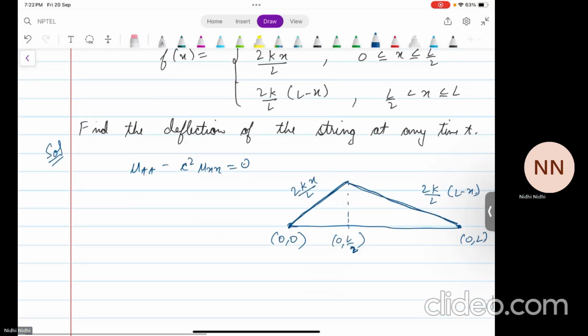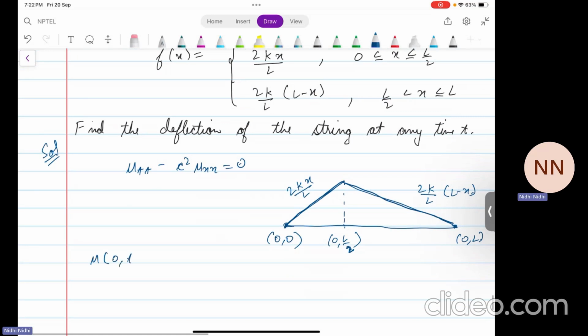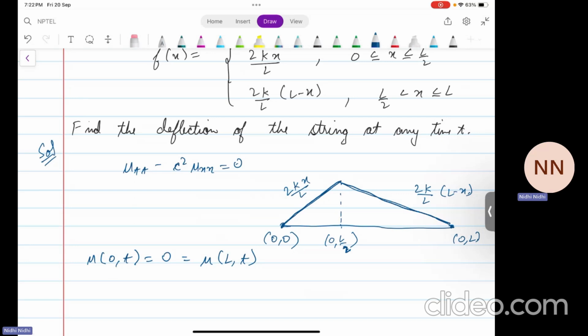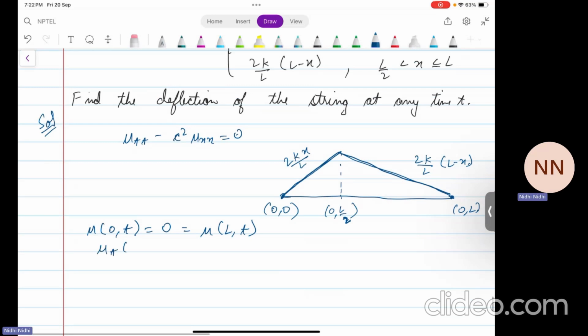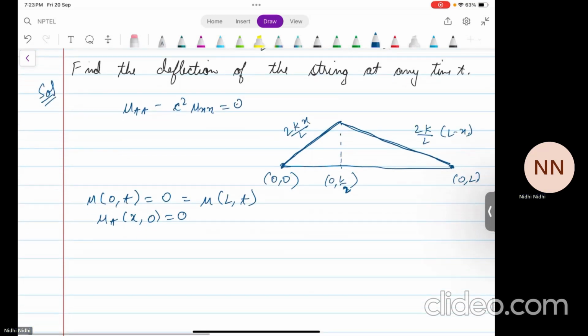So this gives us that u(0,t) is equal to 0 is equal to u(L,t), because at any time t the position of the string at points 0 and L is fixed. Then we have that initially it is at rest, so that gives us u_t(x,0) is 0, and u at time t equals 0, u(x,0) is f(x).